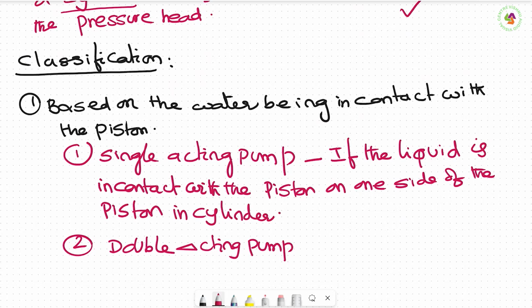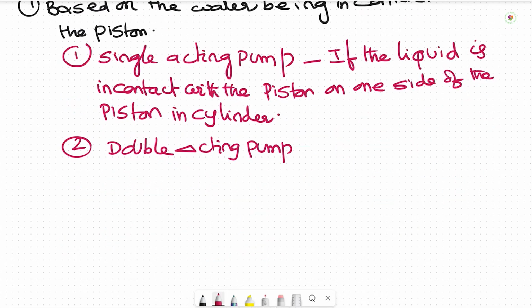If suppose you are lifting water, if water is in contact with the piston only on one side of the piston, then we call it a single acting pump.